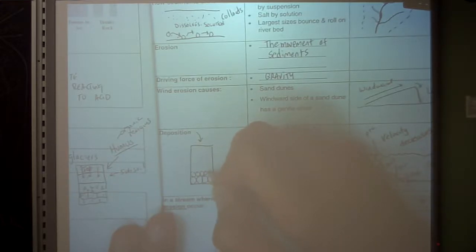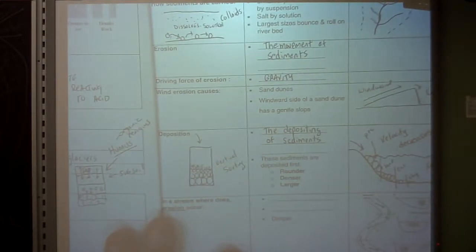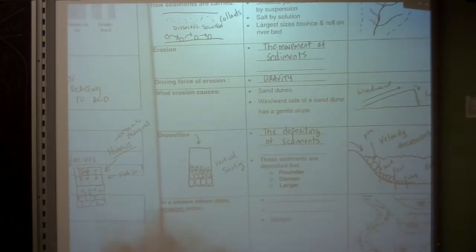And then as you go upward, things become less dense, more flat, and smaller. So this is what's known as vertical sorting after a flood, in which a lot of things are pushed in very quickly. This is the pattern that you get.